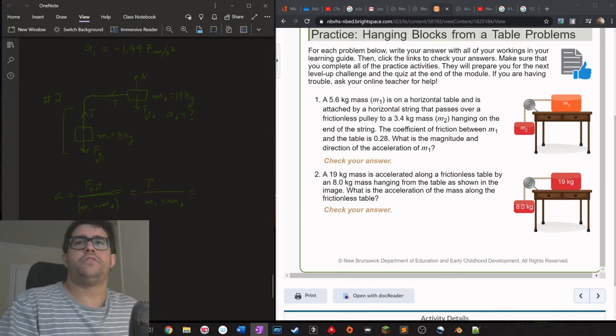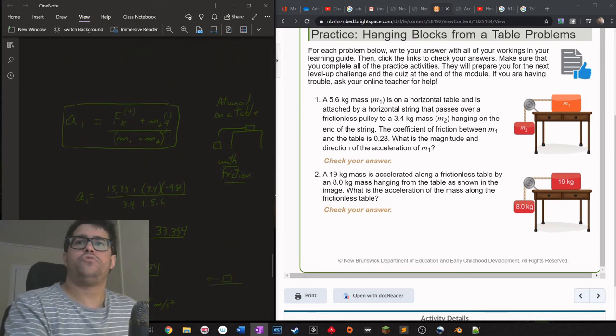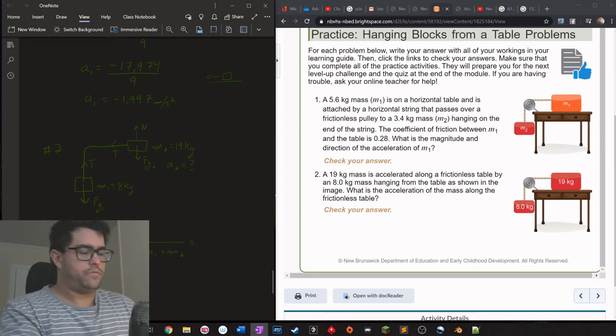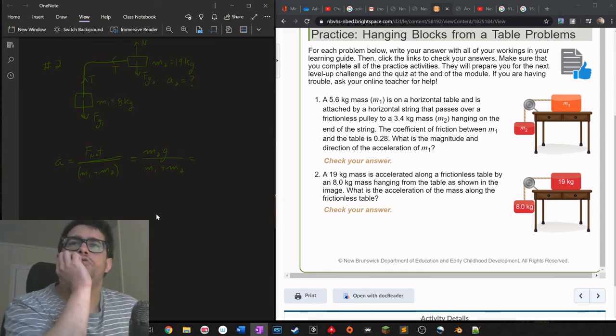I'm trying to save time by not doing everything. I should either do everything or just take the formula. Plus M2G, so we don't have friction, this is gone. We just have M2G. So goodbye formula. M2G.